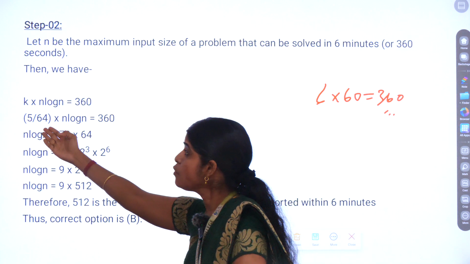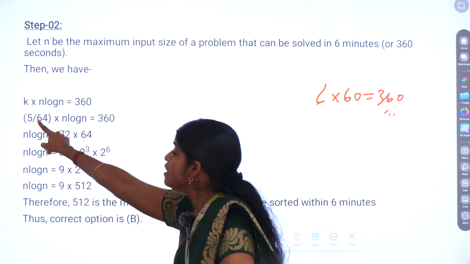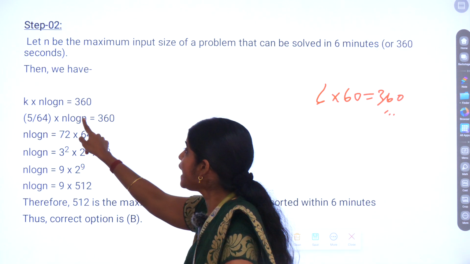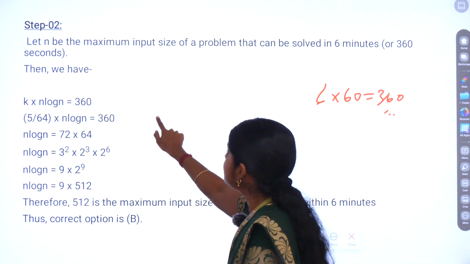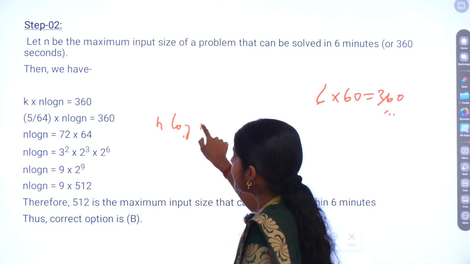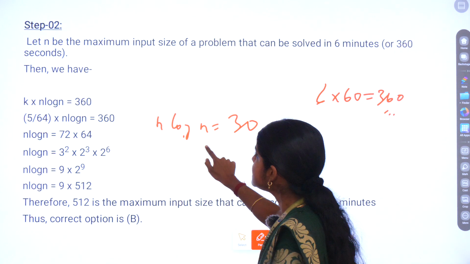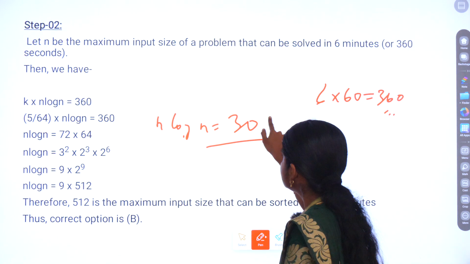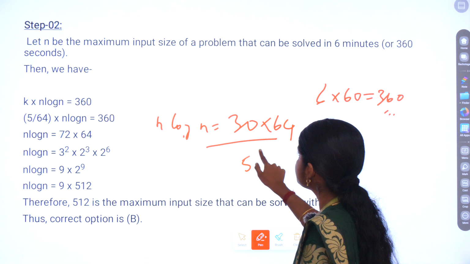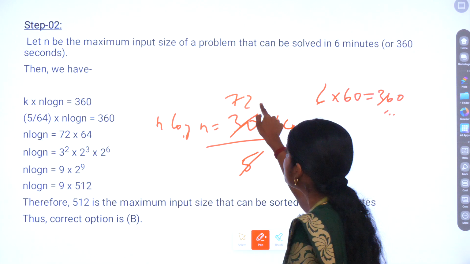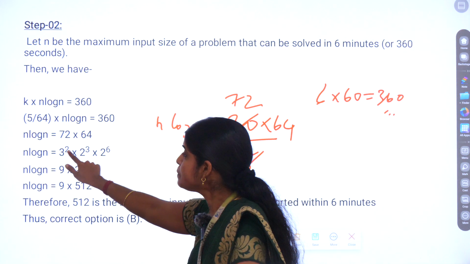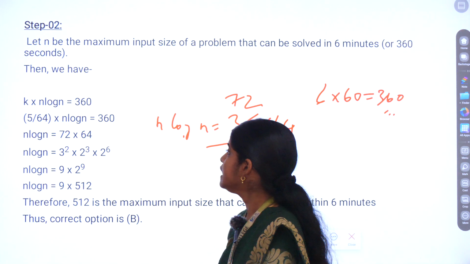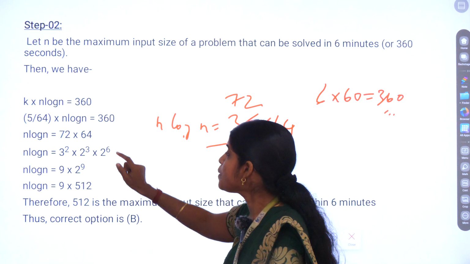Now we know the value of k. 5 divided by 64 into n log n is equal to 360. So here n log n is equal to 360 divided by 5 by 64, which is nothing but 72 into 64. So this 72 can be written as 3 power 2 into 2 power 3. 64 can be written as 2 power 6.